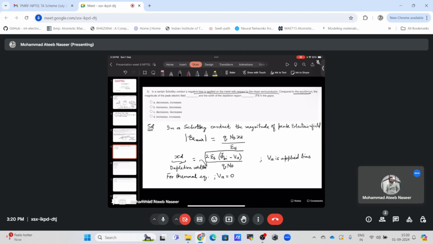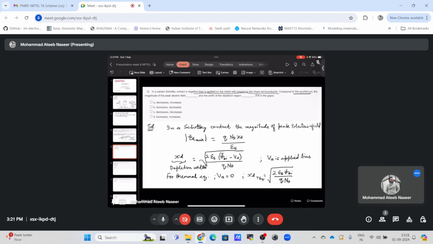So XT at thermal equilibrium, not thermionic emission, is simply 2 times epsilon s phi bi divided by Q ND. This is the depletion width under the condition of thermal equilibrium.